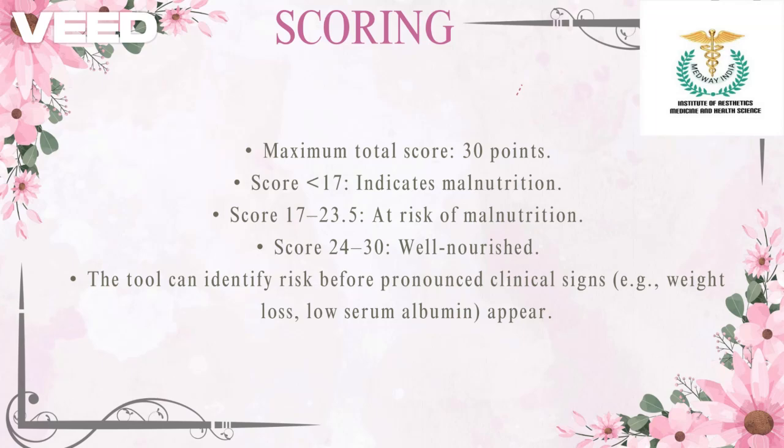Okay, so totally we saw two different methods. One is MUST and the other is MNA. MUST is for adults, and that is completely for patients who are suffering from a specific condition.